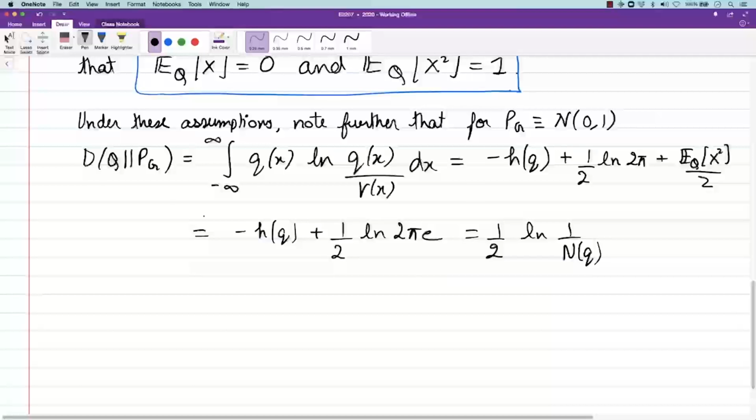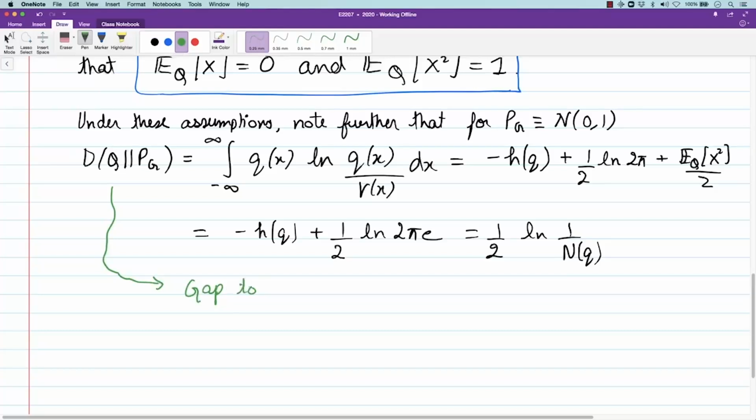Okay, so what is this guy here? This is basically what we can think of as gap to Gaussianity. So Q is a distribution.